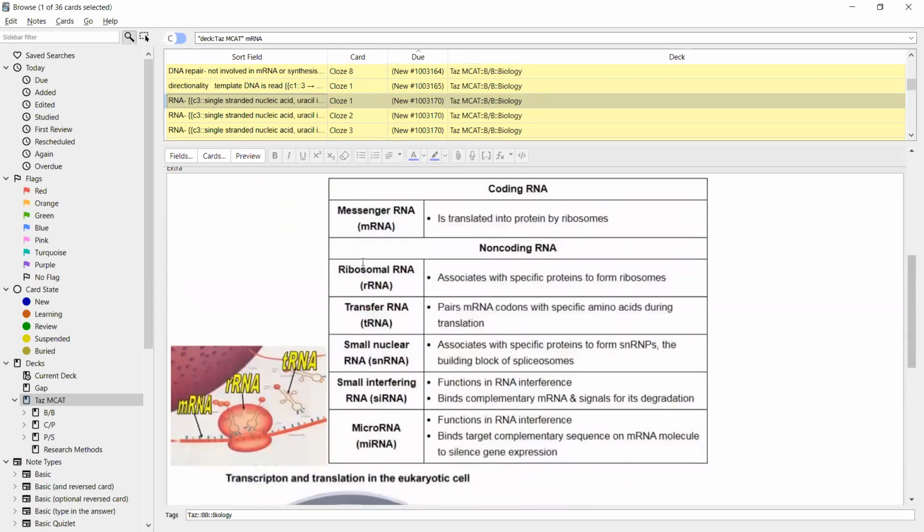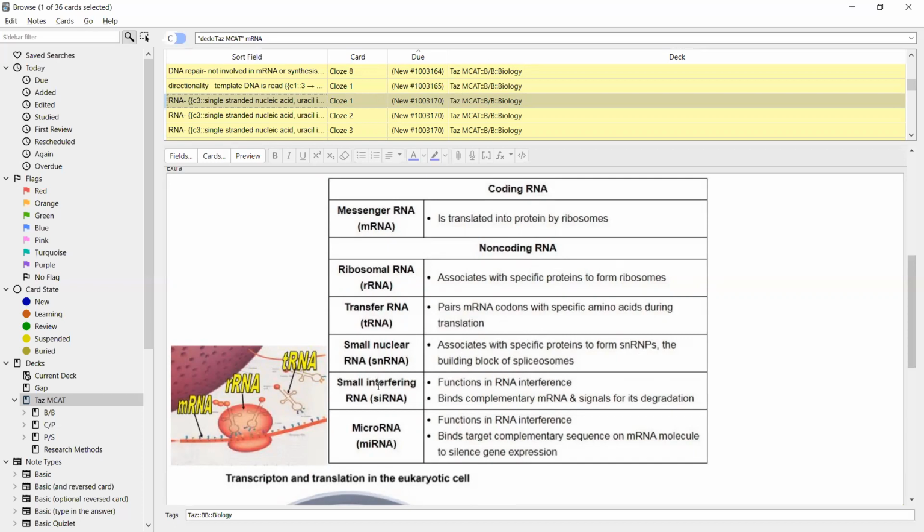I think you just need to know ribosomal RNA, transfer RNA, small nuclear RNA, and mRNA. The mRNA is the one that leaves the nucleus and is translated into proteins. The ribosomal RNA gives rise to the ribosomes. The transfer RNA carries the amino acids and assists in translation. Small nuclear RNA makes up the spliceosomes, which are involved in RNA splicing.